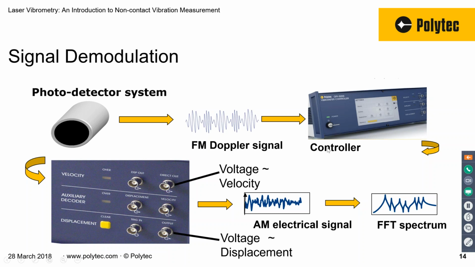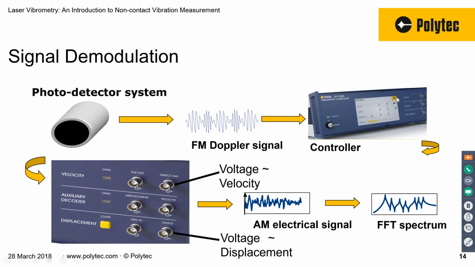Typically, it is in a separate controller, so we have our optical head, which can be very compact. It can be mounted separately on an optical table or on a tripod, and because it's separated from the electronics, it's very flexible in positioning and aligning. Then we have the controller where we do the FM decoding.